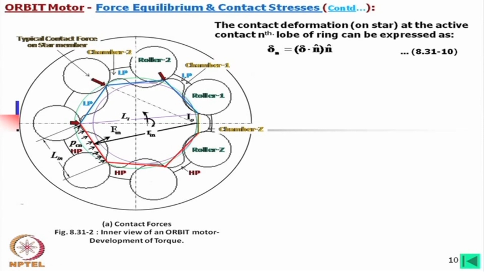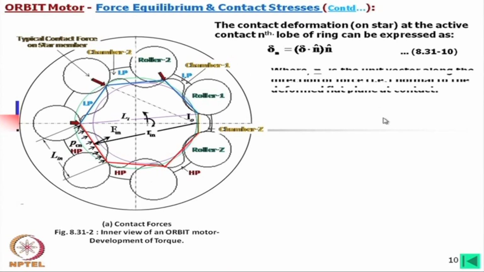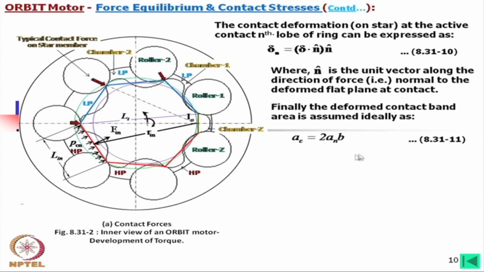We have considered any deformations at any directions, then by this multiplication we are finding out what is the magnitude of deformation along the normal line. So, for that we need these operations. And then also this actual area of the contact can be found, because we have calculated the half bandwidth. So, total bandwidth will be this much, and B is the width of this star or ring. So, we get the actual area.